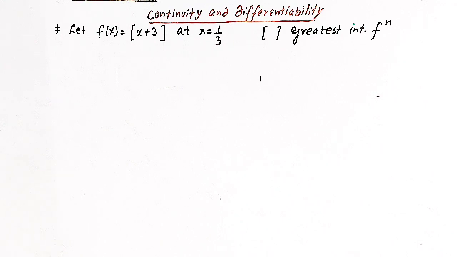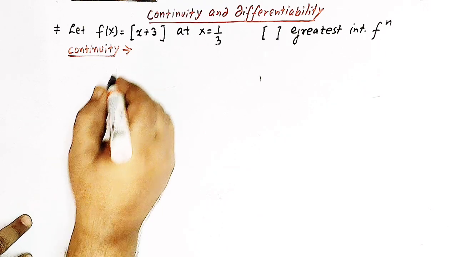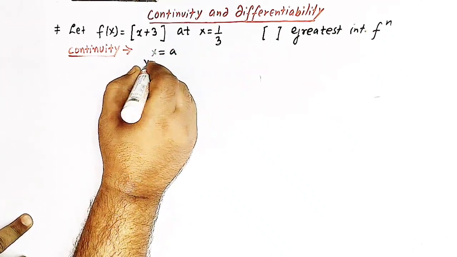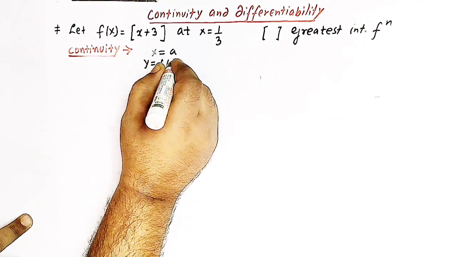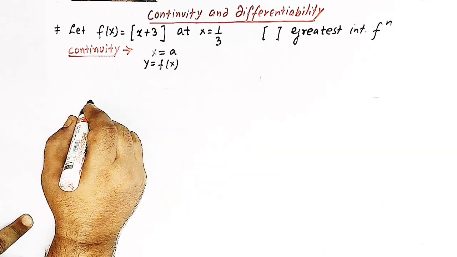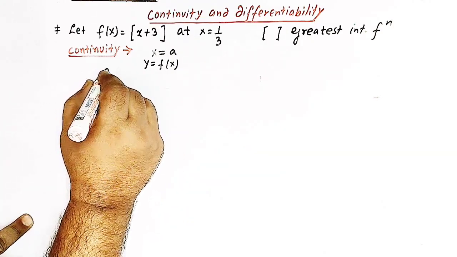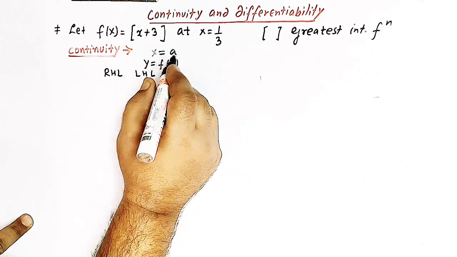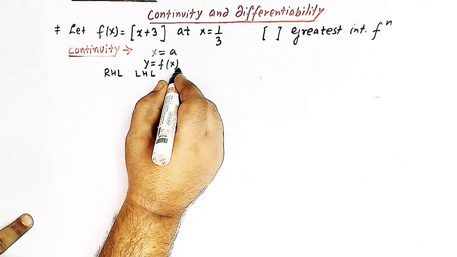So let us start. So let us first see the continuity of this function. And here to prove the continuity of a function at a given point, say x is equal to a, and if we are given a function, say y is equal to f of x, what we do, we find out the right hand limit and the left hand limit and the value of the function at the given point.